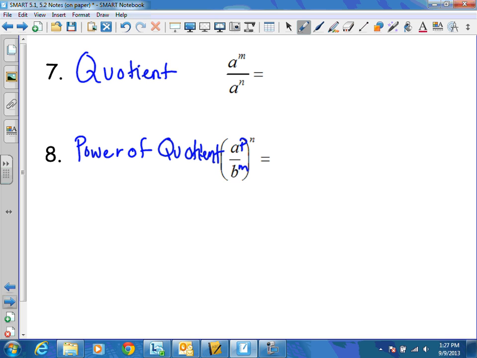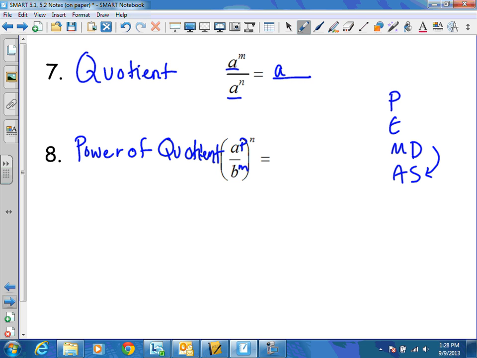So when I again have the same base is when I can do this. We can divide. So if these are divided, what do I do with the exponents when the bases are being divided? I subtract. Well, how do you know which way to subtract?